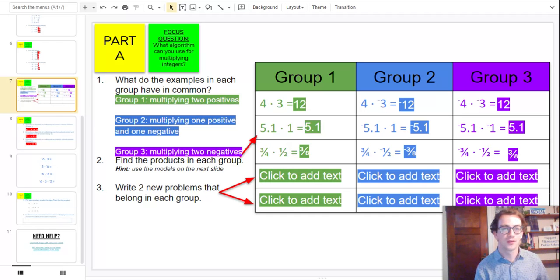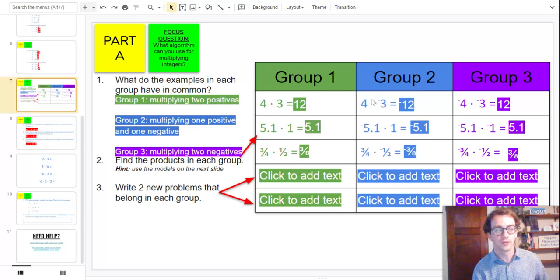Let's take a look at assignment 3.2, where you should have already come up with these answers, solving the equations in group 1, group 2, and group 3. First, we said that group 1 is special because all of these equations are multiplying positive times positive, positive 4 times positive 3.